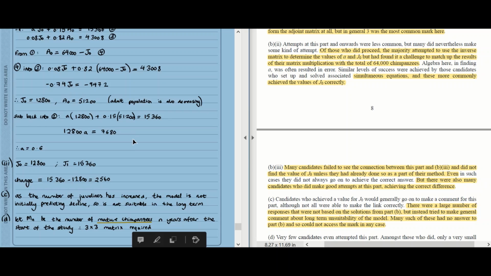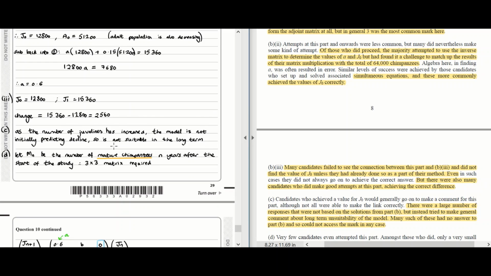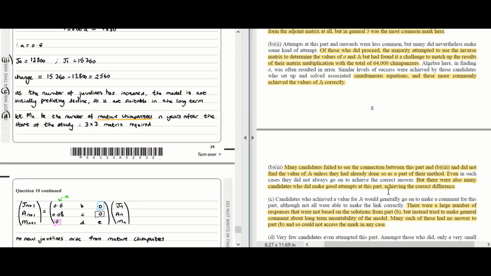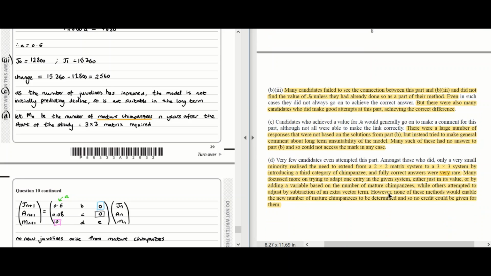Part D was quite difficult overall. Some people did realise that they had to use a 3x3 matrix, but did not know what to do beyond that. Many focused on trying to adapt one entry in the given system, either just in its value or by adding a variable based on the number of mature chimpanzees, while others attempted to adjust by subtraction of an extra vector term.